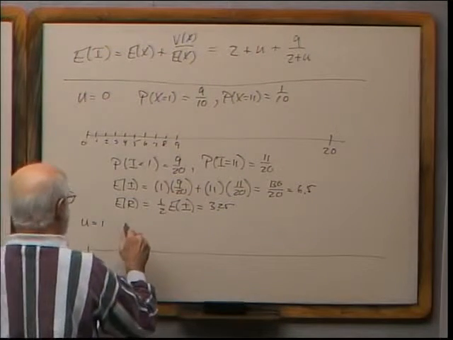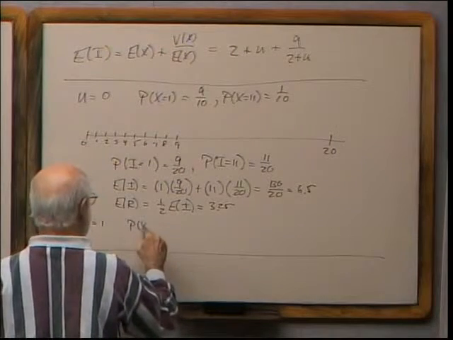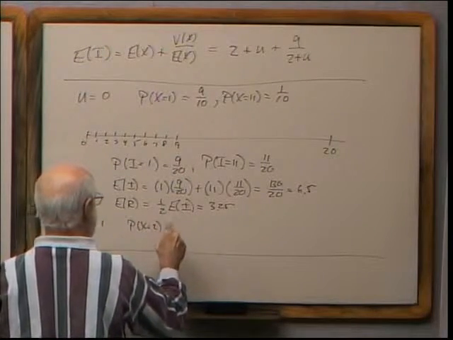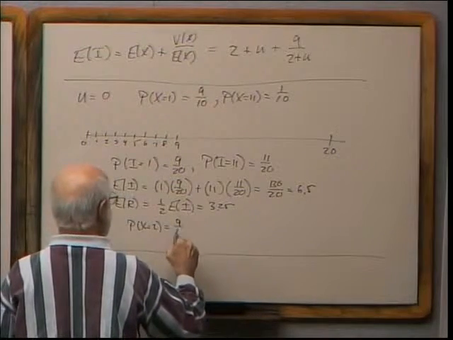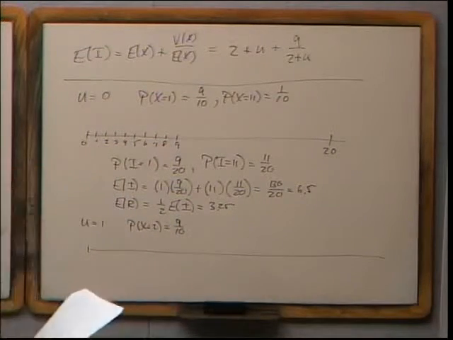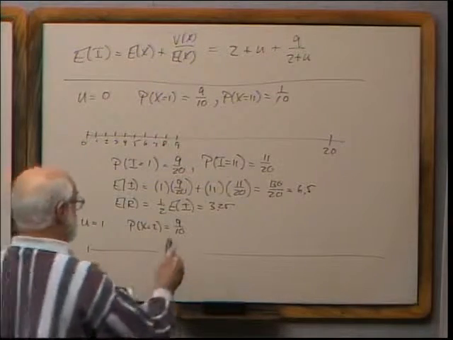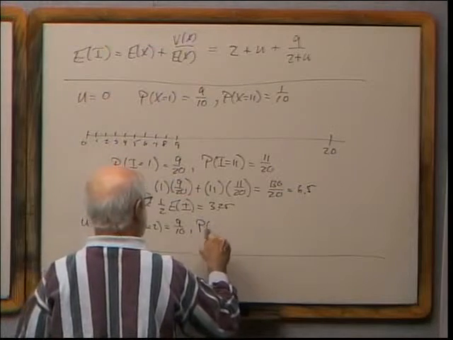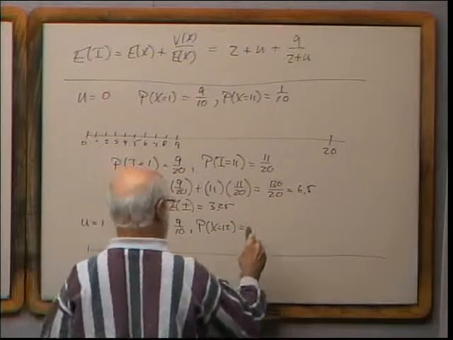The probability that x is equal to 2 is 9/10, because x will equal 2 whenever y is equal to 1. And similarly, the probability that x is equal to 12 is 1/10.